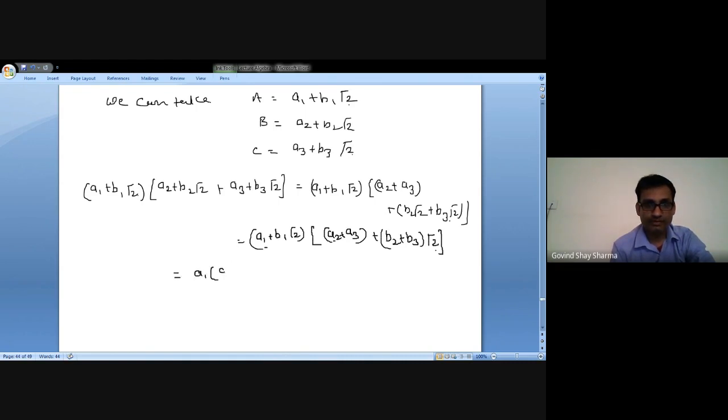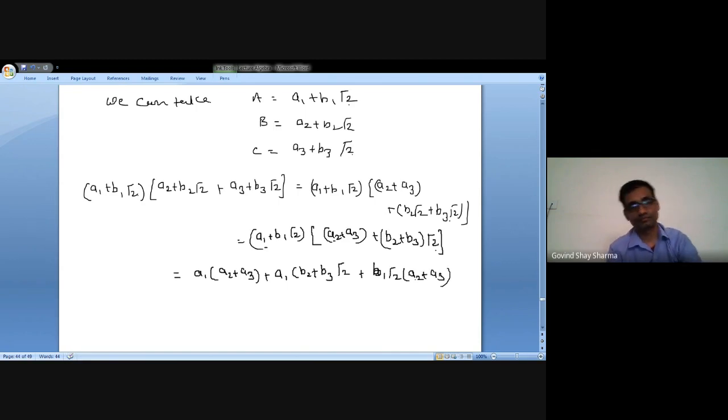So A1 times A2 plus A3 plus A1 B2 plus B3 root 2, plus B1 root 2 multiplied with this, so B1 times A2 plus A3 root 2, plus B1 B2 plus B3 times root 2 dot root 2.